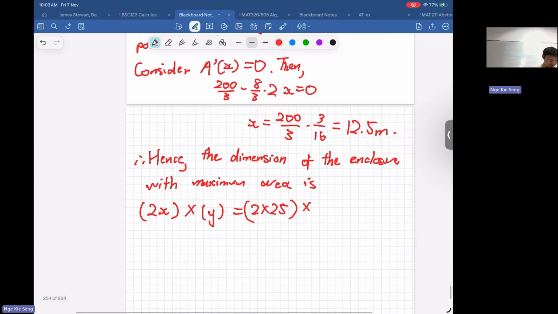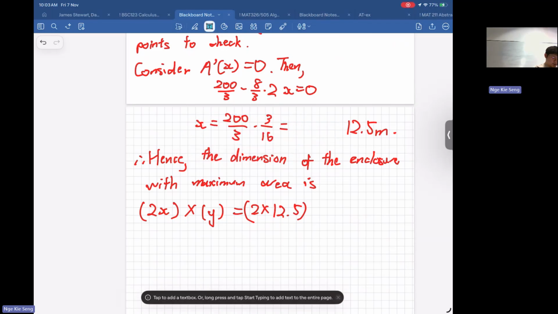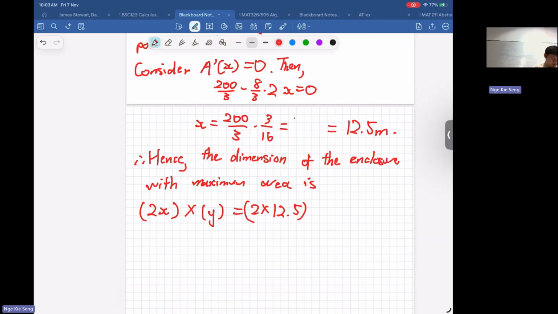So in this case it is 2 times 12.5. Is it easier to work with 12.5, or what's the fraction you get? 50 over 2, so it's 25 over 2, right?